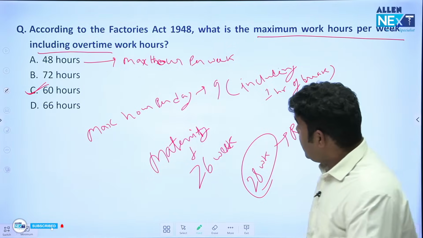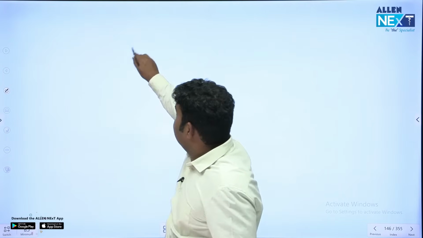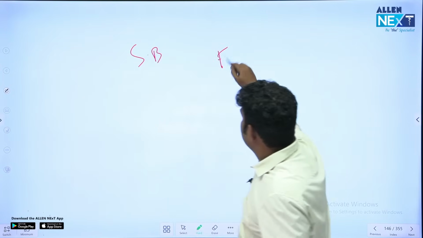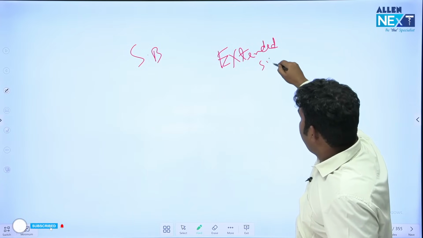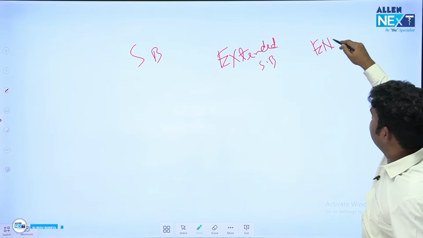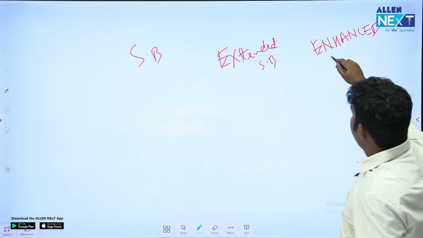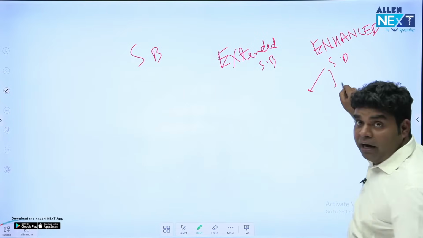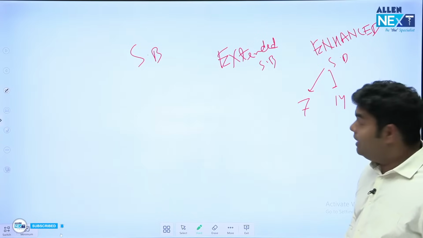Okay, best time. Now, remember, there are 3 benefits: sickness benefit, extended sickness benefit, and enhanced sickness benefit. These are 3 different things. Enhanced sickness benefit is for vasectomy, tubectomy, 7 day, 14 day.